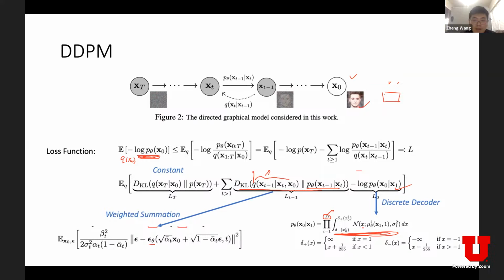Yeah, because x0 is discrete, x1 is continuous, so they just construct this specific conditional distribution. Yes, but for some other network like the UNet, it can generate one image from another image.